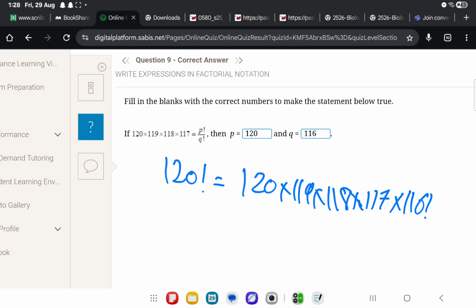Now, you have this. We're getting very close to what our original thing is, as you can see here. But now you might be asking, where did the 116 factorial go? That's where this comes in. You can write 116 factorial divided by 116 factorial.